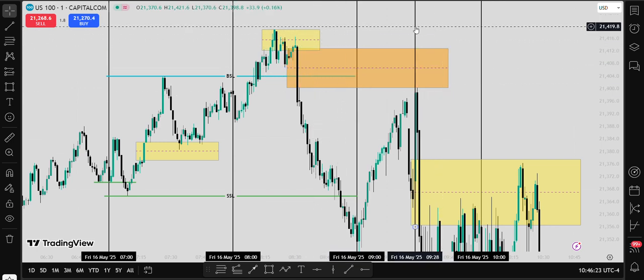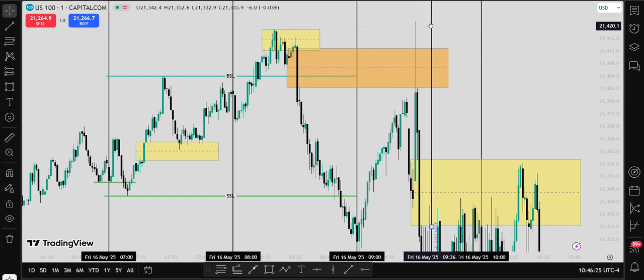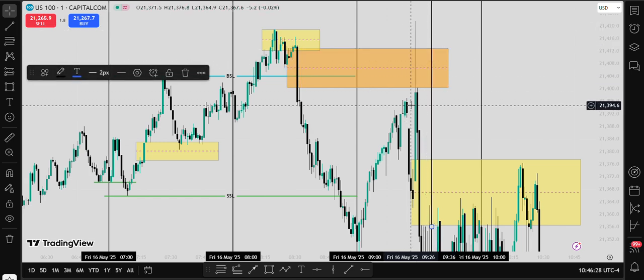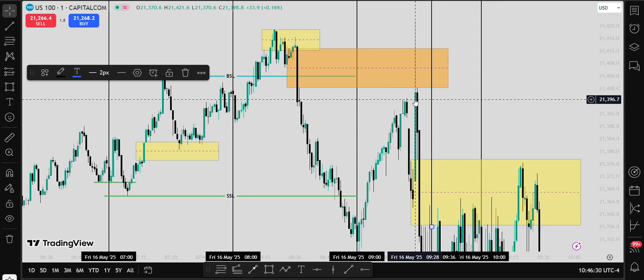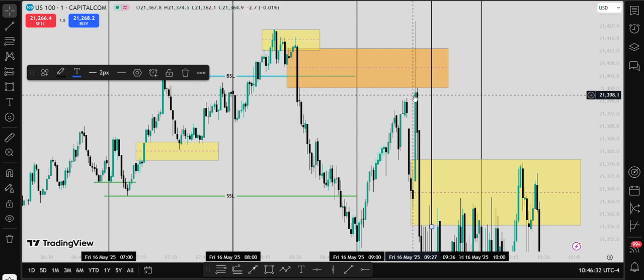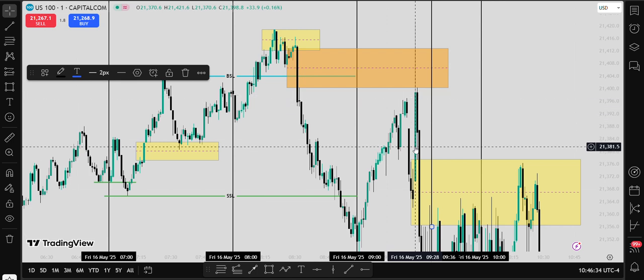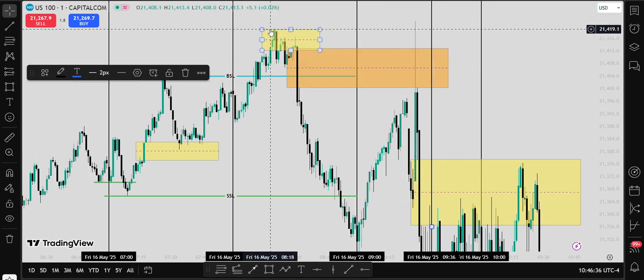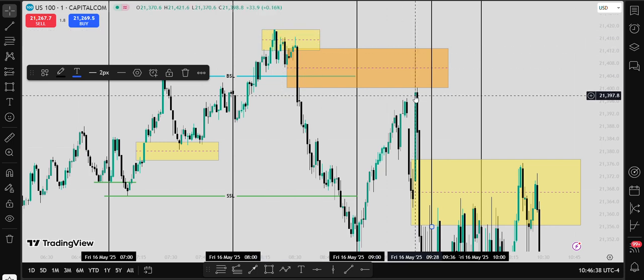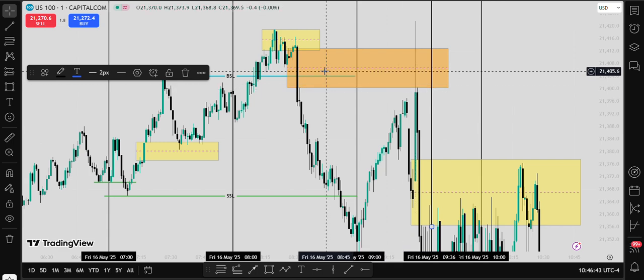And if I move this vertical line, you can see that at market open there's high volatility. So what did the market do? It printed this candle to take out this high, but the body respected this CB.